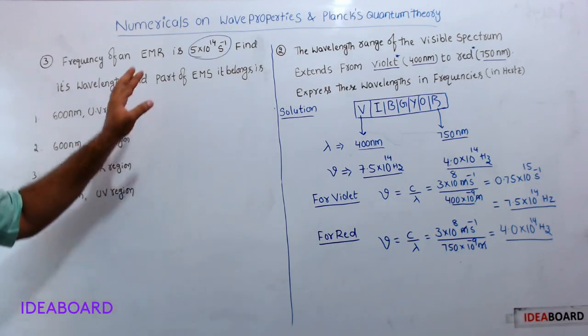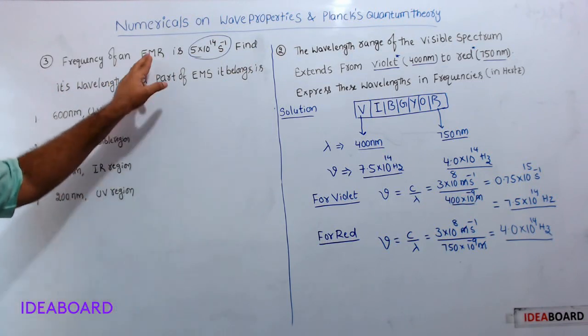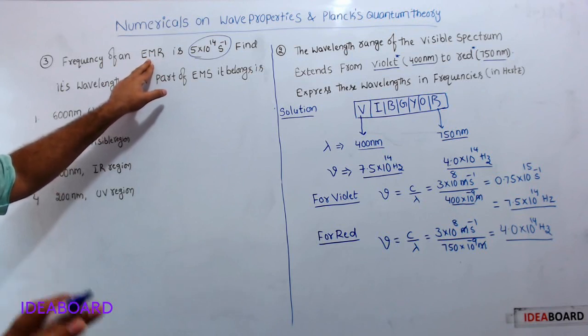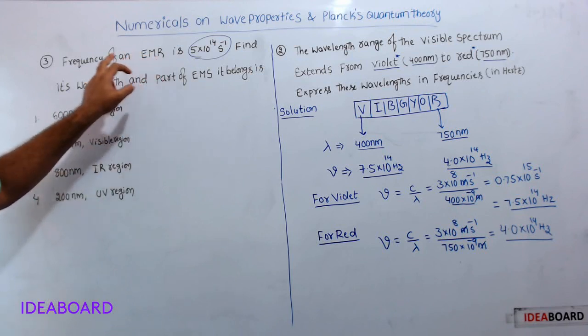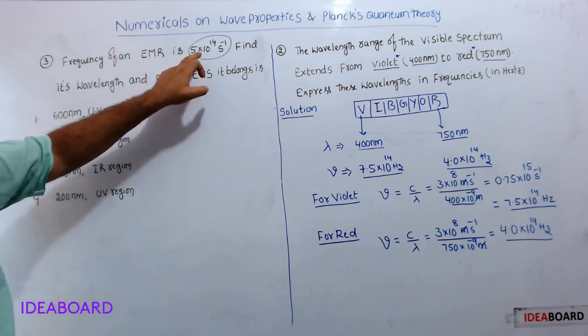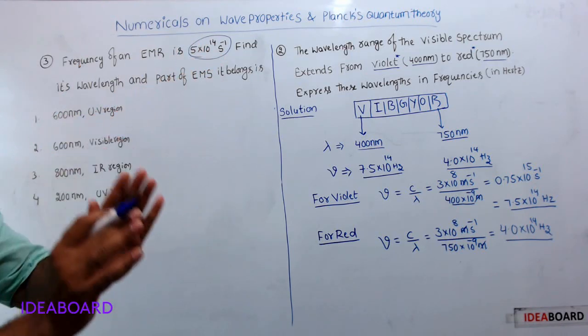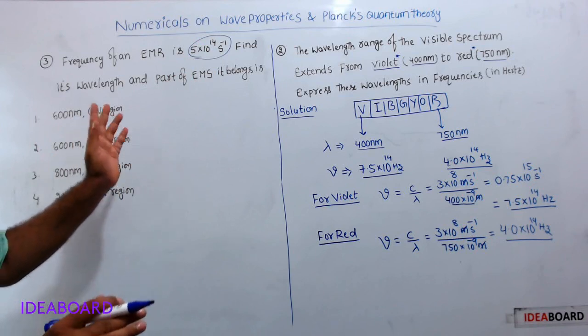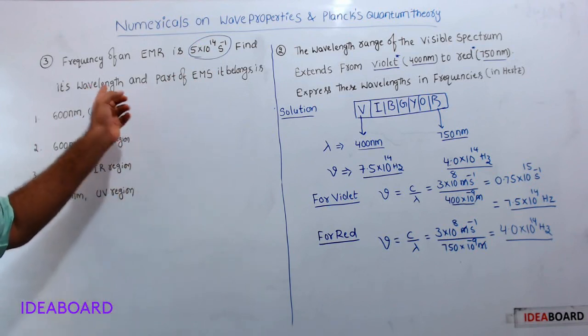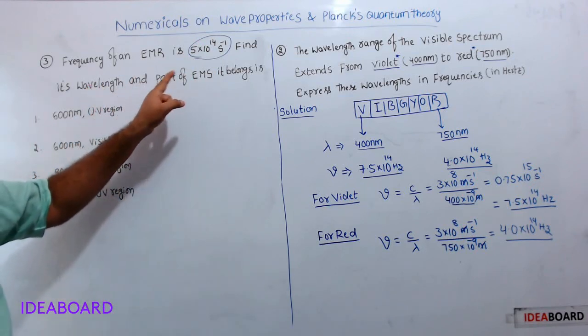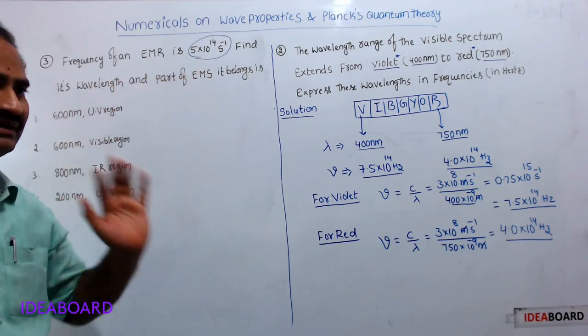Here the question is that for a particular electromagnetic radiation, the frequency is given as 5 into 10 power 14 second inverse. Then we need to find its wavelength and the part of the electromagnetic spectrum it belongs to.